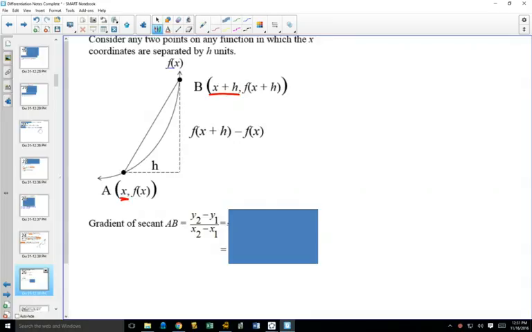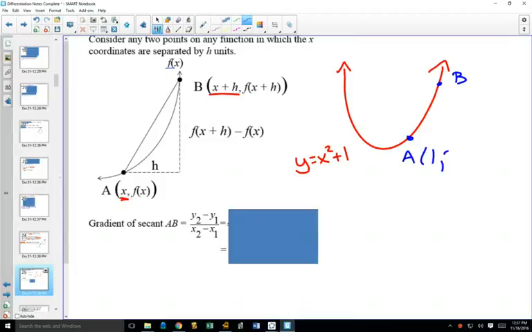So sometimes it's easier to see things. Let's say I had x squared plus 1 here, and I chose 2 points, A and B. If point A was (1, 2), because if I plug in 1 into my function, I would get (1, 2). And this is h.